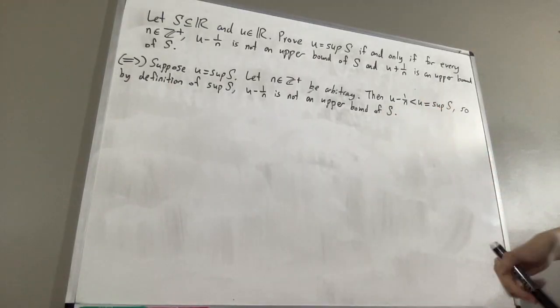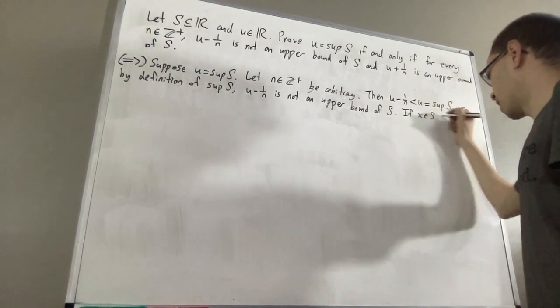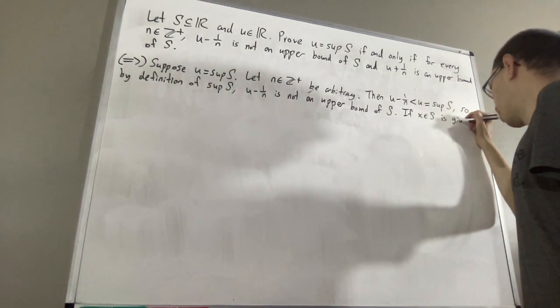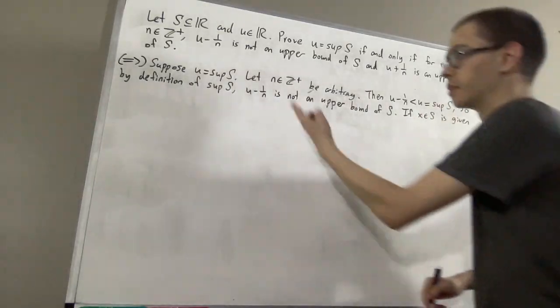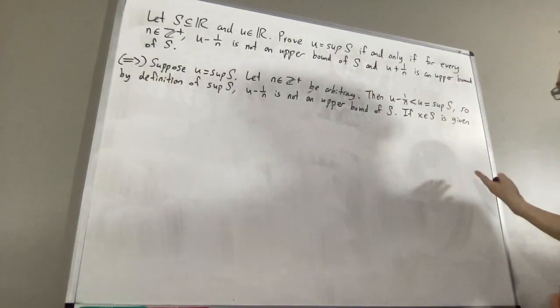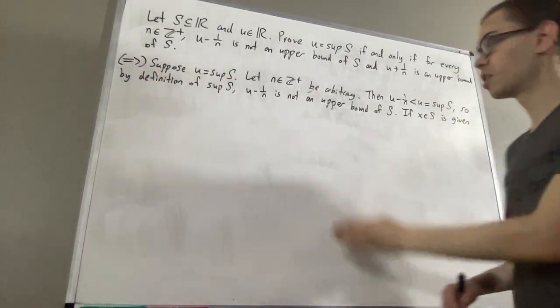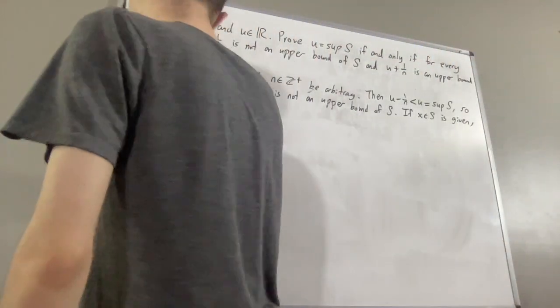So instead of saying let x in S be arbitrary, I'm just going to say if x in S is given or arbitrary, well then, since the supremum of S is an upper bound of S, every element of S is less than or equal to the supremum of S.